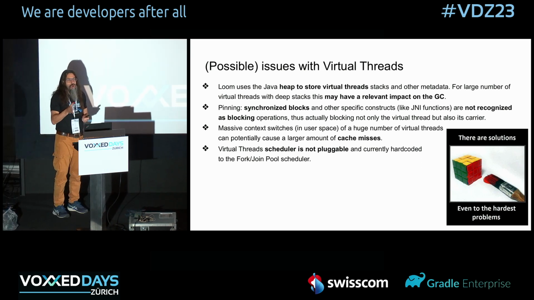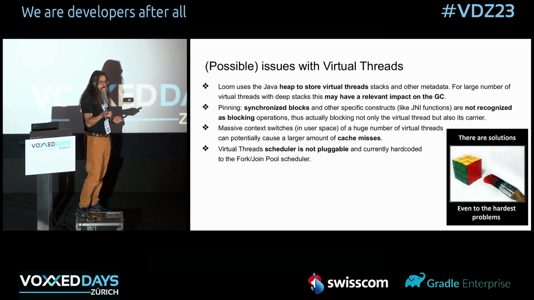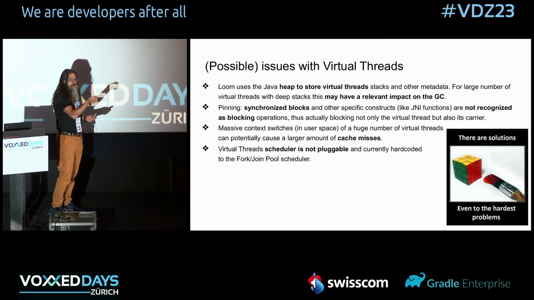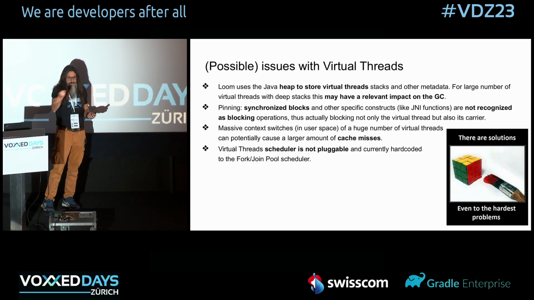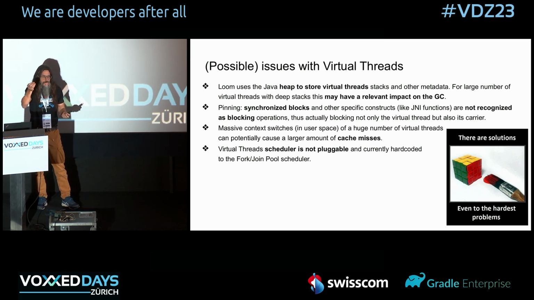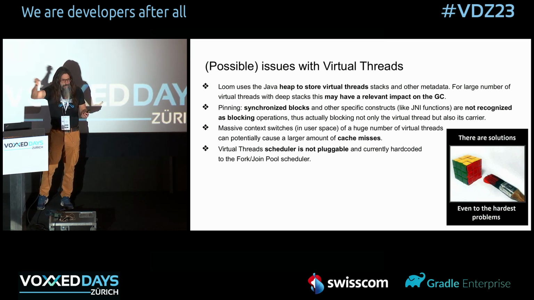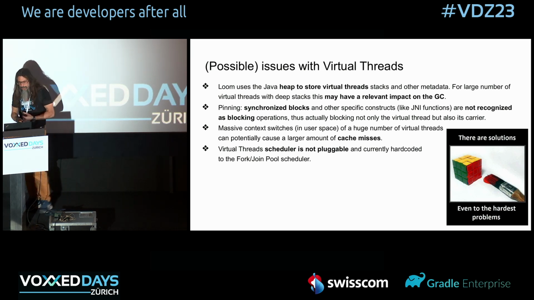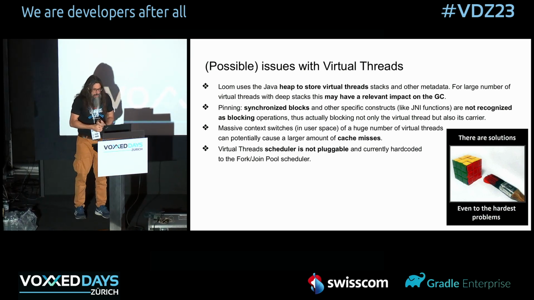And if you know how the fork join pool works, it is based on the idea of work stealing. Okay, so if a carrier thread is not doing much, it can steal a job from another thread. In this context, stealing a job means allocating a virtual thread on a different carrier thread, and this can make the problem of cache misses even harder.